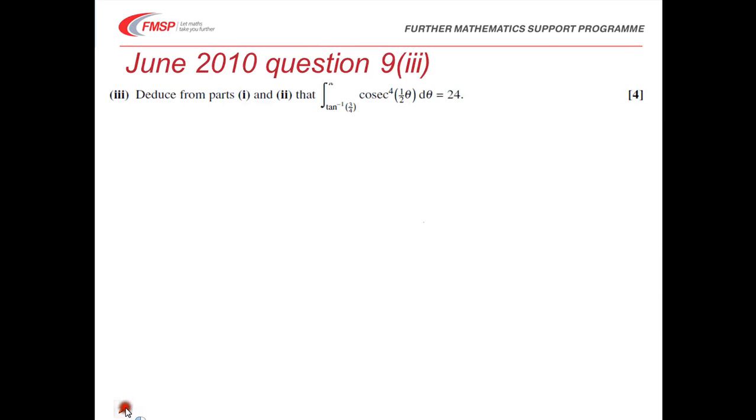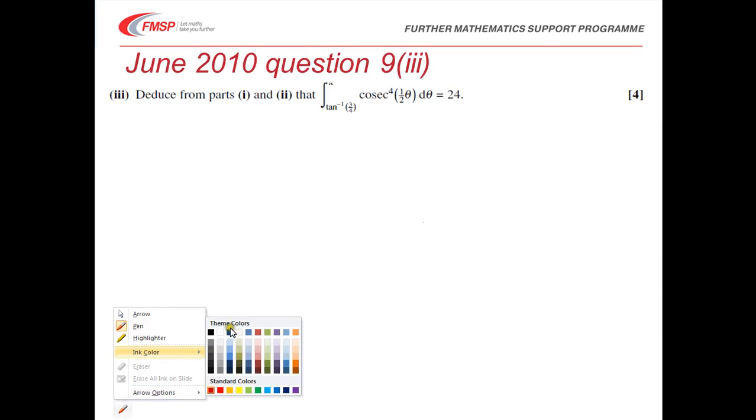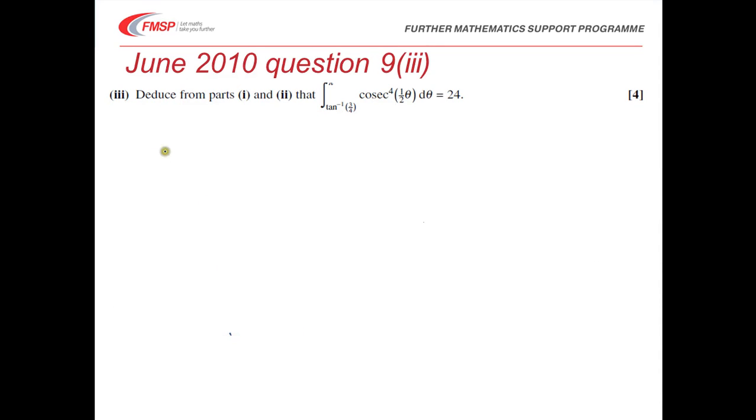And in part 3 now, it says deduce from parts 1 and 2 that the integral of cosec to the power of 4 of a half theta d theta, between tan inverse of 3/4 and pi, is equal to 24.